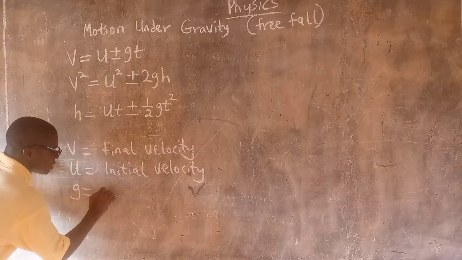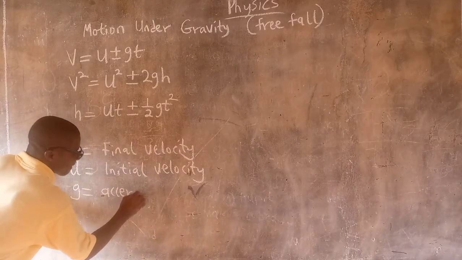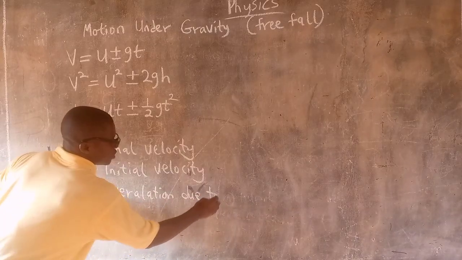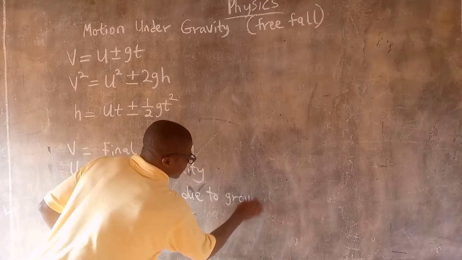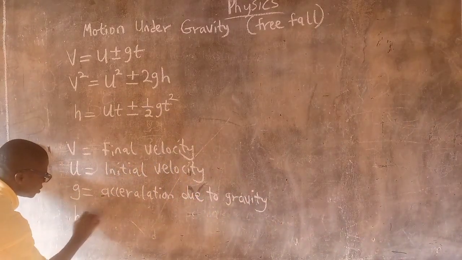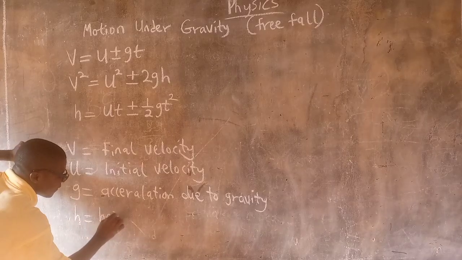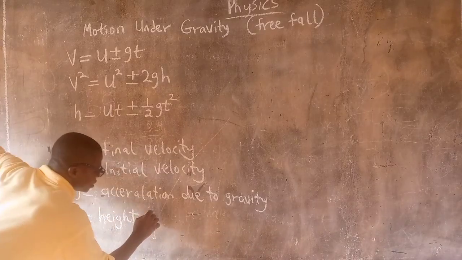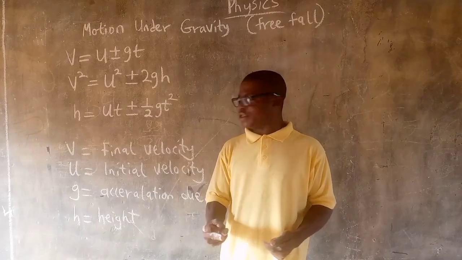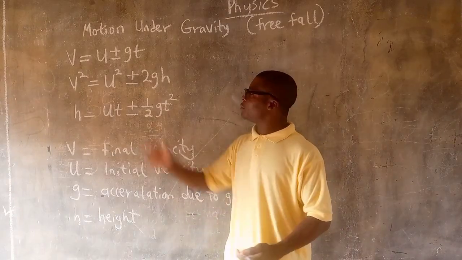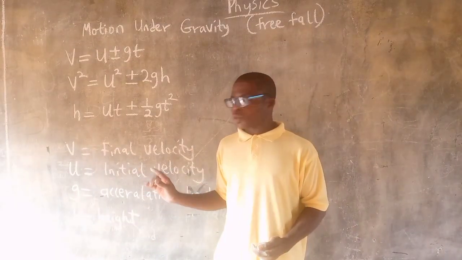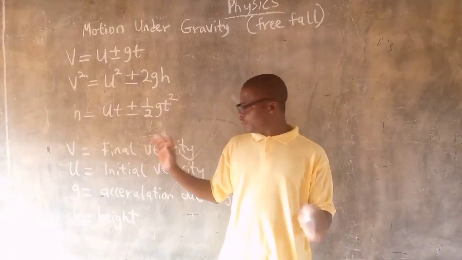G means acceleration due to gravity. H is height attained by the object. So there are two velocities of an object performing motion under gravity. The initial velocity and then the final velocity.